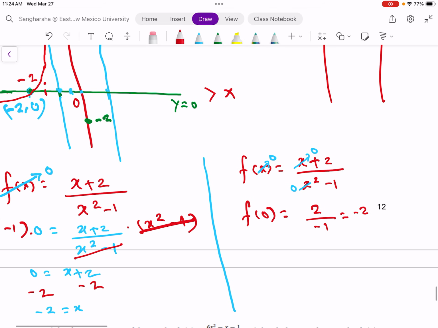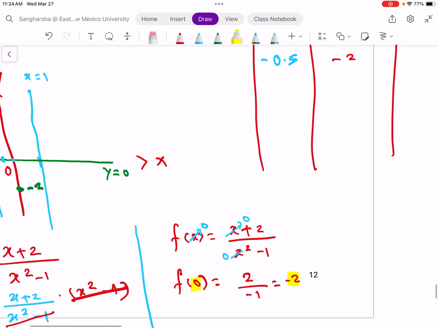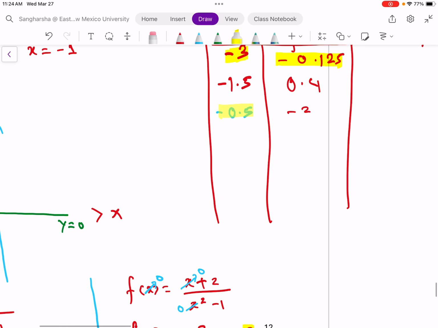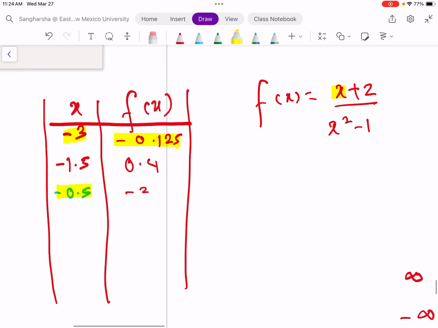The reason I'm checking is that when our input is 0, we also had -2. But do we get the same output when our input is -0.5? Let's see one more time. We have -0.5 plus 2 divided by -0.5 squared minus 1.